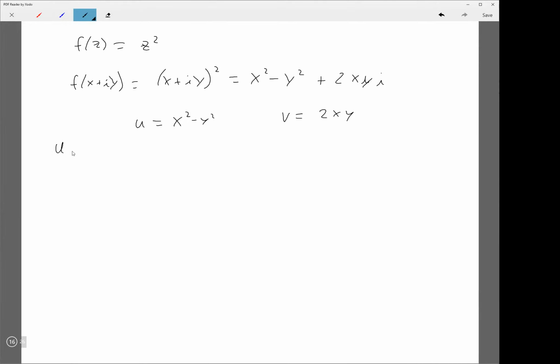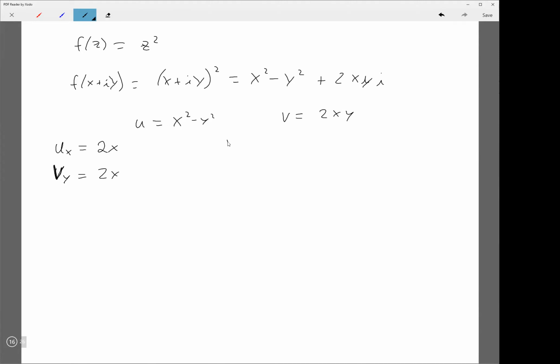Okay, so what's u_x? 2x. Yes, and then v_y is also 2x. Whoa, those are equal everywhere.